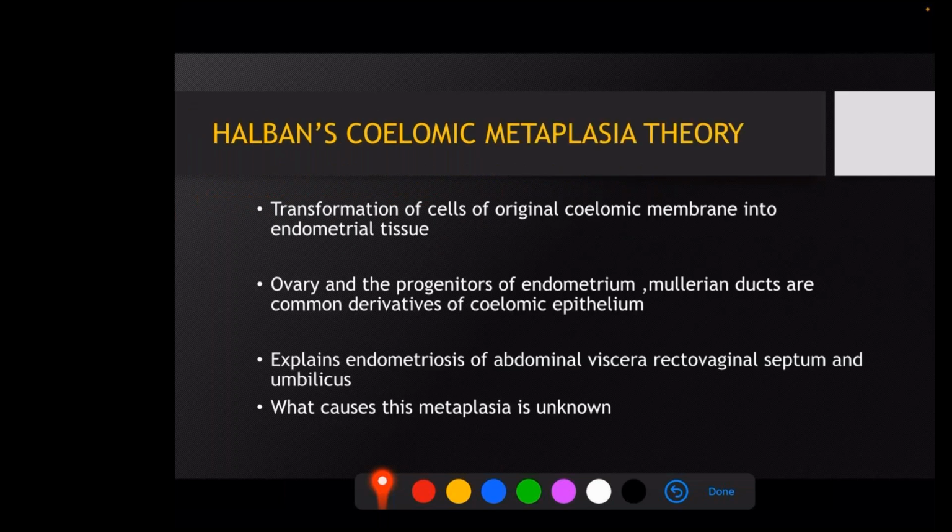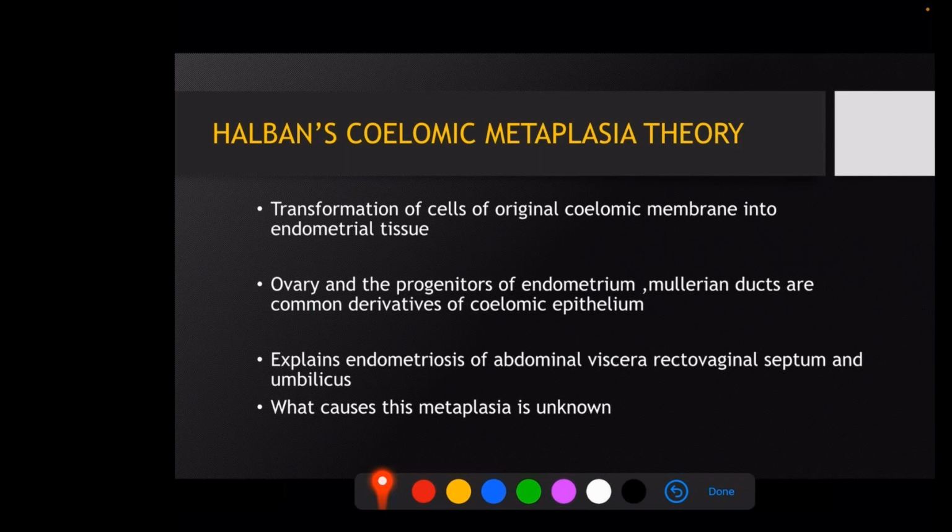Next theory, Halban's coelomic metaplasia theory. Metaplasia means transformation of one type of tissue into another, that you have studied. This theory postulates that the cells of the original coelomic membrane undergo metaplasia into endometrial tissue. That is, the serosal layer of all intra-abdominal organs arises from coelomic or mesodermal epithelium, which is considered multipotent.